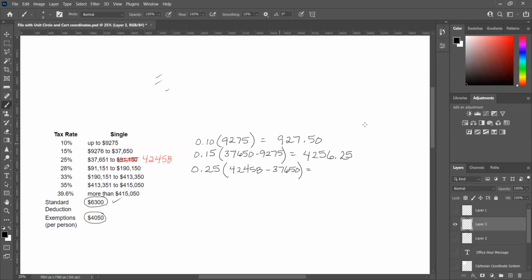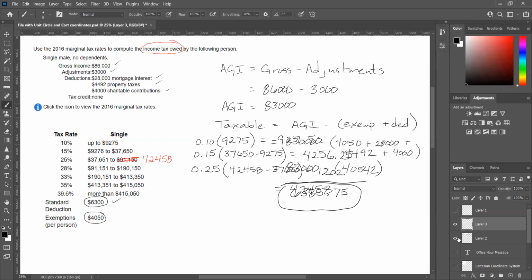And that gives me 1,202. And then I'll just sum those three. So 1,202 plus 4,256.25 plus 927.50 gives me a total of $6,385.75. That would be their tax owed given the information we had.